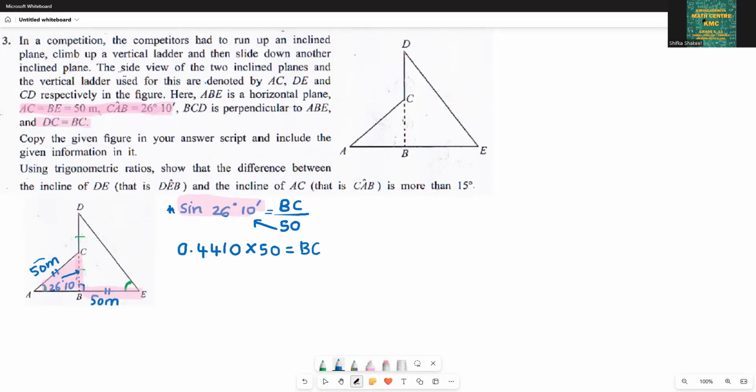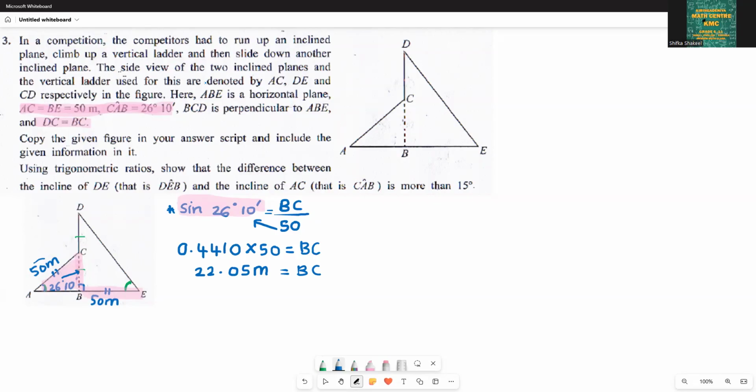If you multiply these two, the answer is 22.05 meters. Children, if you face difficulty multiplying, it is easy: you can multiply by 5, add zeros and keep the decimal. If it is hard, you can use the logarithm table, but it will take more time for this question. So we have calculated the length of BC.